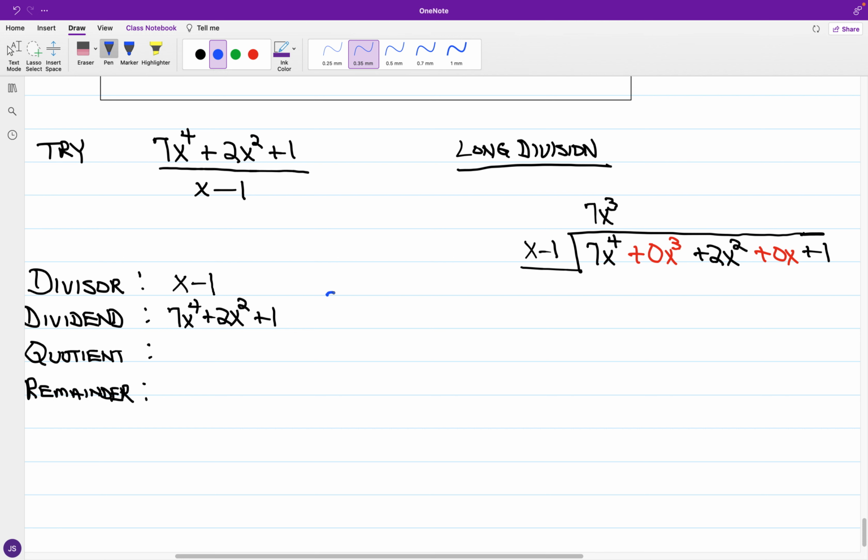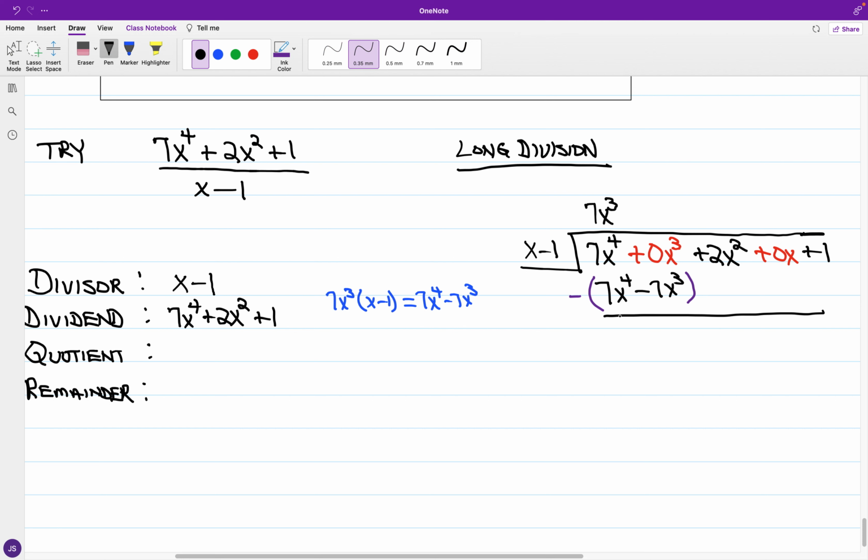And again, if I were to multiply 7x cubed and x minus 1, so you have 7x to the fourth minus 7x cubed. And subtracting from the like terms from the dividend.